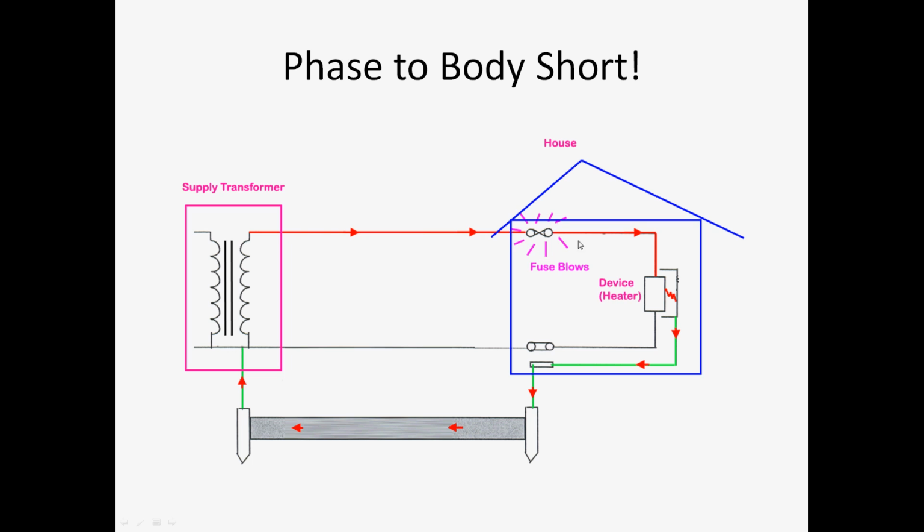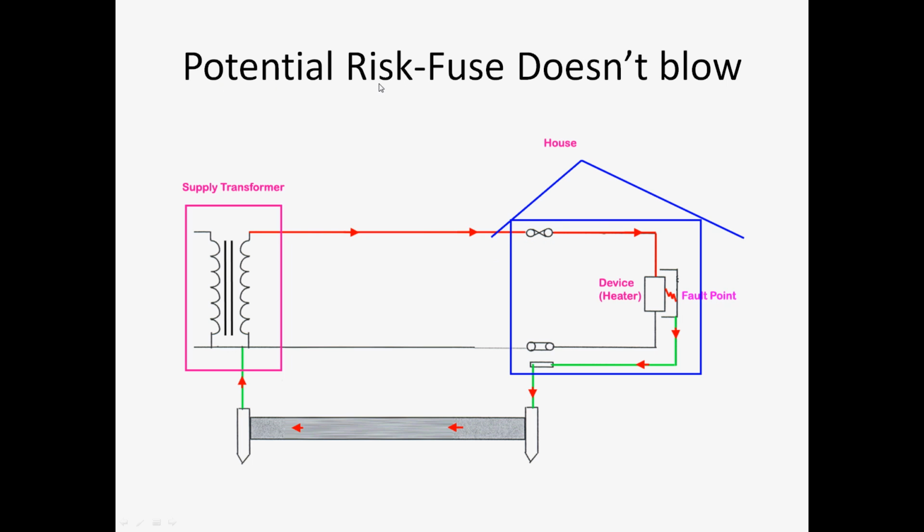If it is not large enough, there's a potential risk. Actually, the blowing of the fuse is a good thing, because it will not only isolate this earthed part, but it will also alert the people to the presence of a fault. That means somebody can check here and rectify the problem.